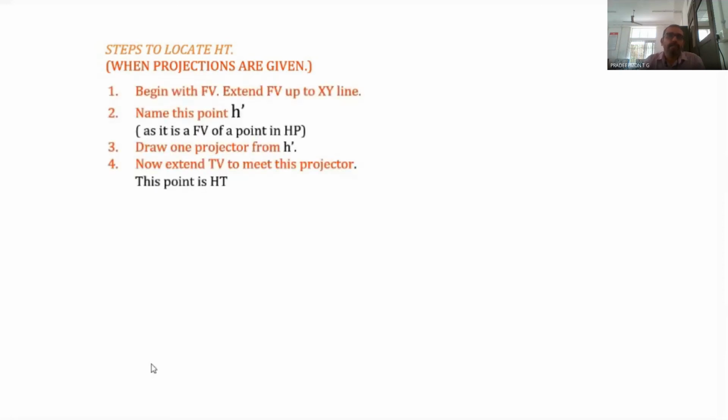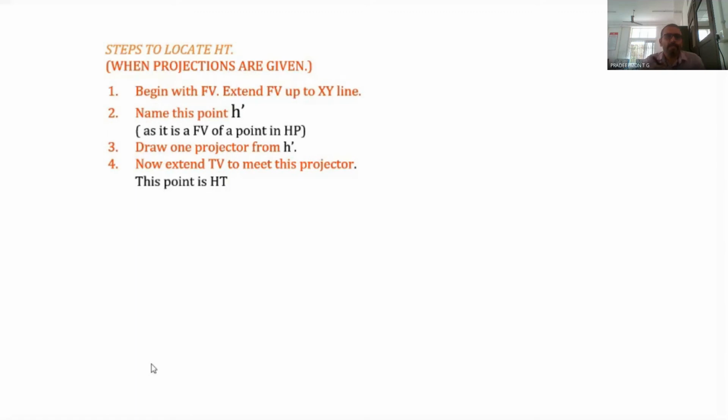Now, how to locate HT as well as VT? When we have the projections, how do we draw it? First, when we have to locate the HT, we begin with the front view, as I have already shown you, and extend the front view up to the XY line.